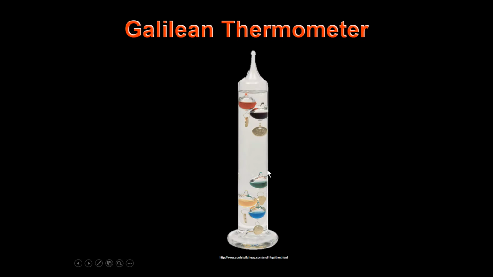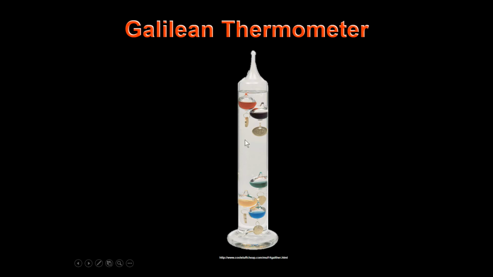And then a Galilean thermometer is going to be the exact opposite, where these little bulbs are made out of glass and they don't change their volume very much. The liquid that they're submerged in is more sensitive to changes in volume with changes in temperature.